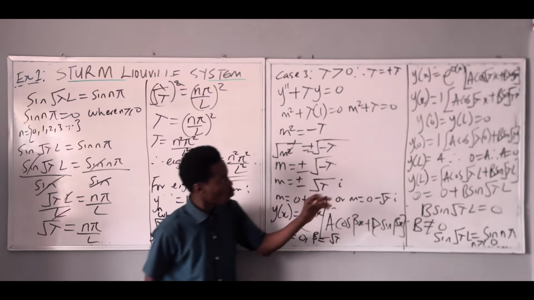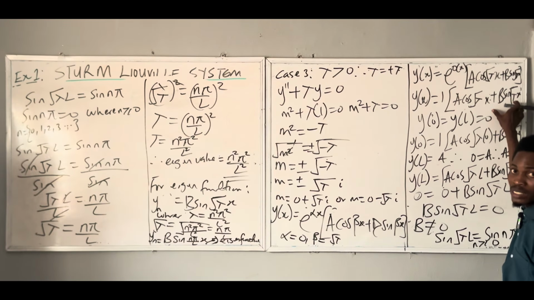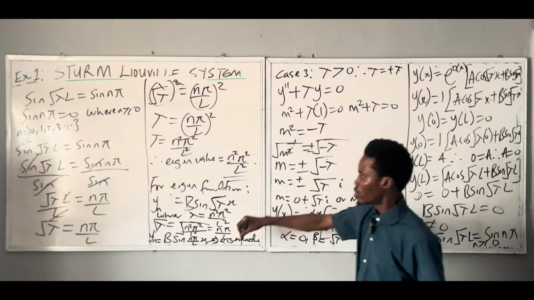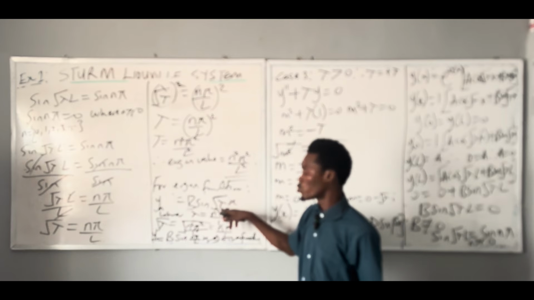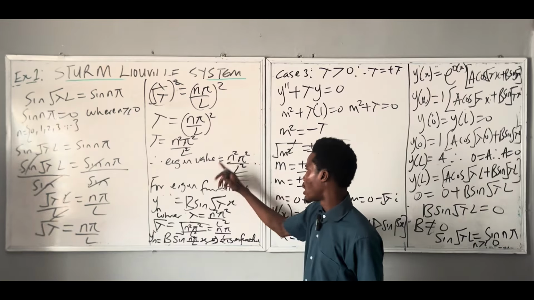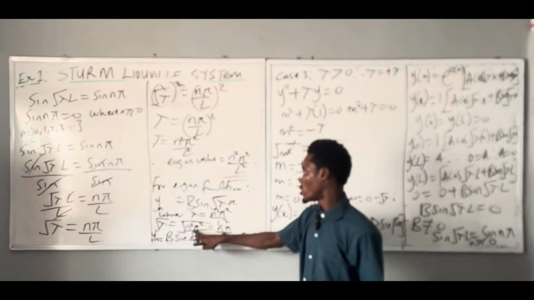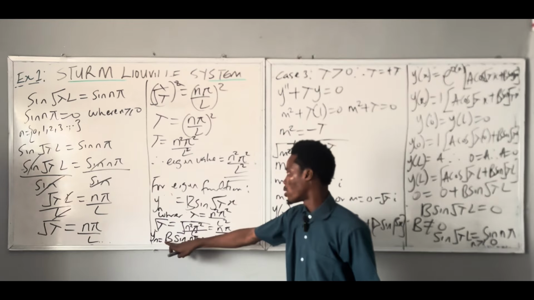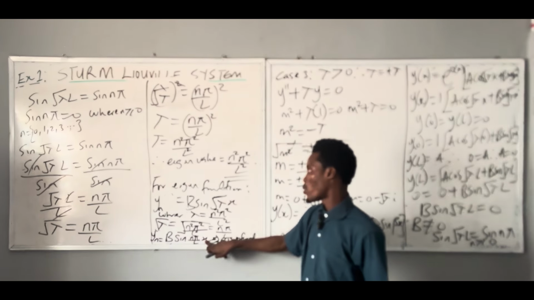What we need is this B sine root lambda n x from the general solution. I just take it here. I've gotten my eigenvalue already, and I have the square root of my eigenvalue, so I take the square root of it, and I'm going to have n pi all over l. That's why I have n pi over l. So my y of n will be B sine n pi over l multiplied by x.